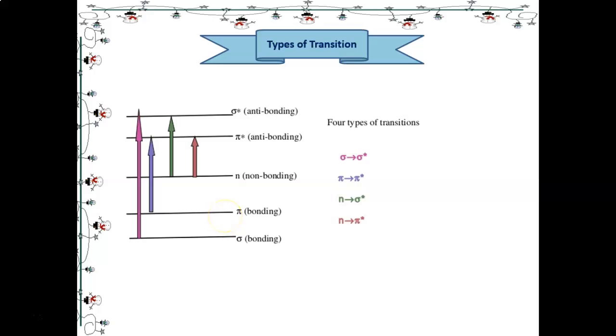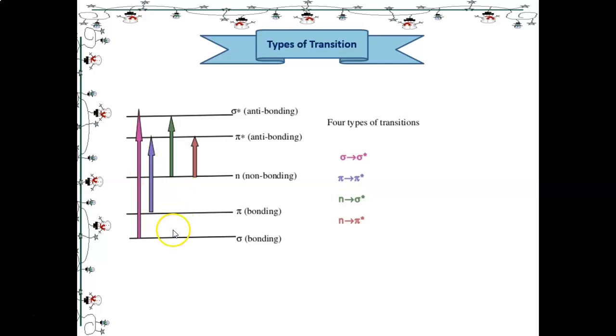Okay, now let us proceed with part 3 for chapter UV-Vis. We look at this diagram. It is the types of transition, and as we can see here, the horizontal line represents the energy, the amount of energy levels.